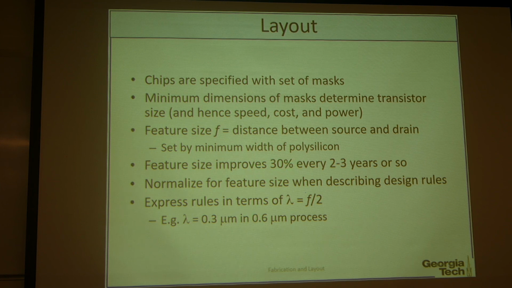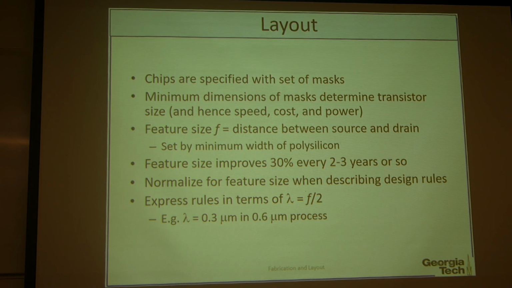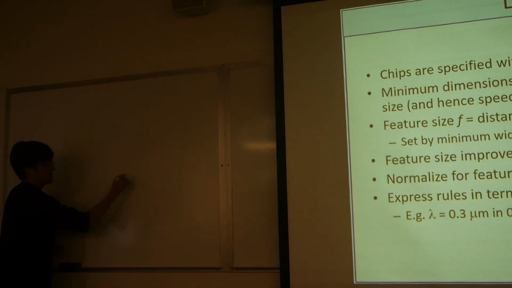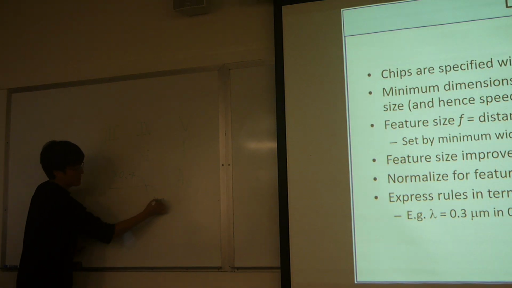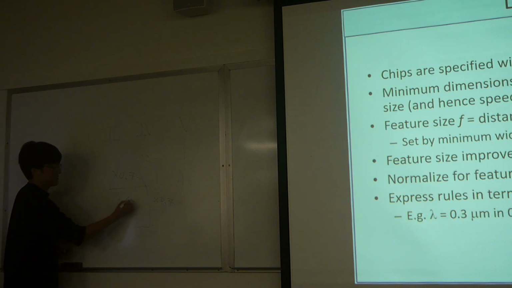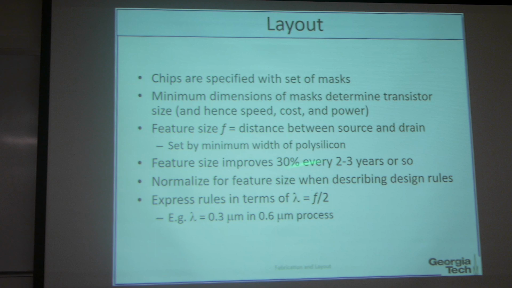Improving 30% means the size of the chip becomes 0.7 times smaller. If we multiply those two together, it will be 0.49, which is about half. So we also state Moore's law as the number of transistors on a chip becoming twice every 2 to 3 years.